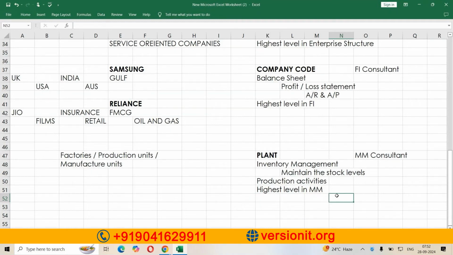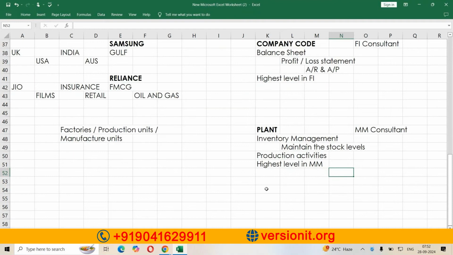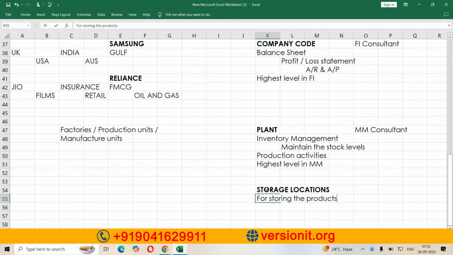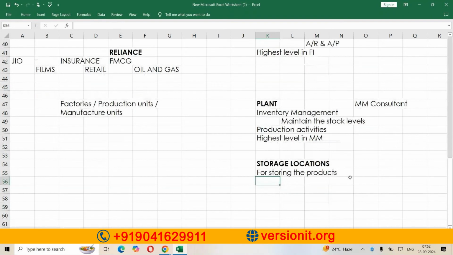And apart from that, in the plant, you're going to find storage locations, which are used for storing the products. Because in the plant, you're going to have different types of materials which we use for manufacturing.